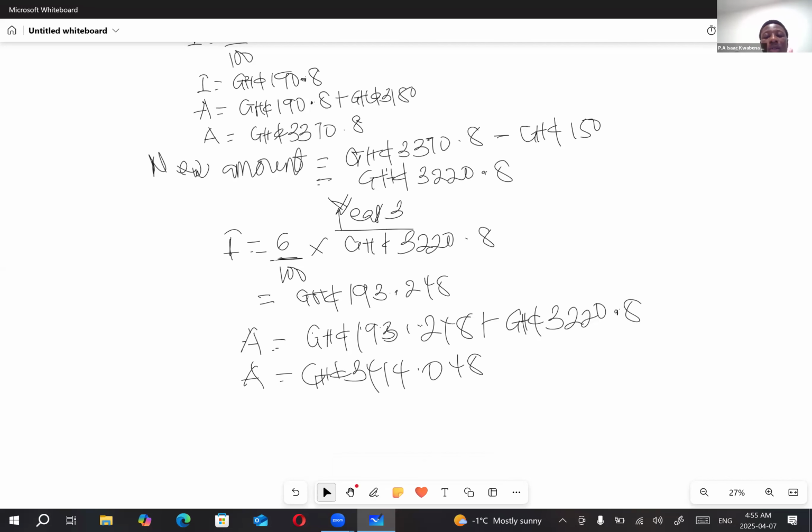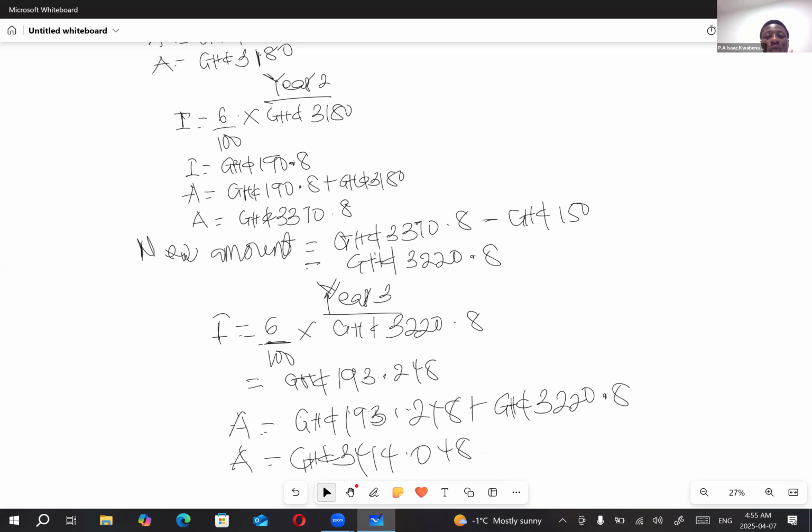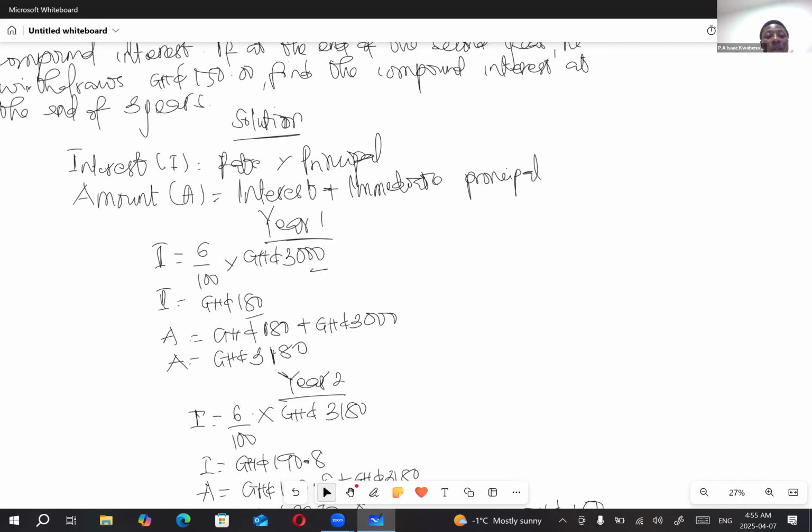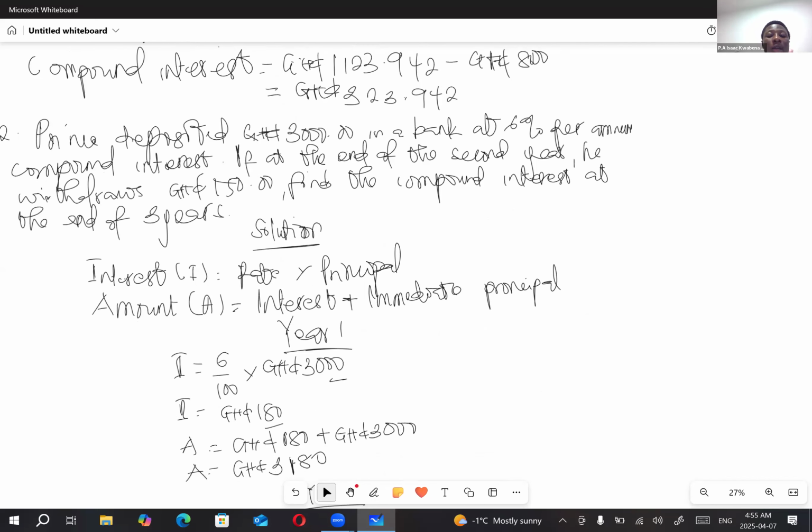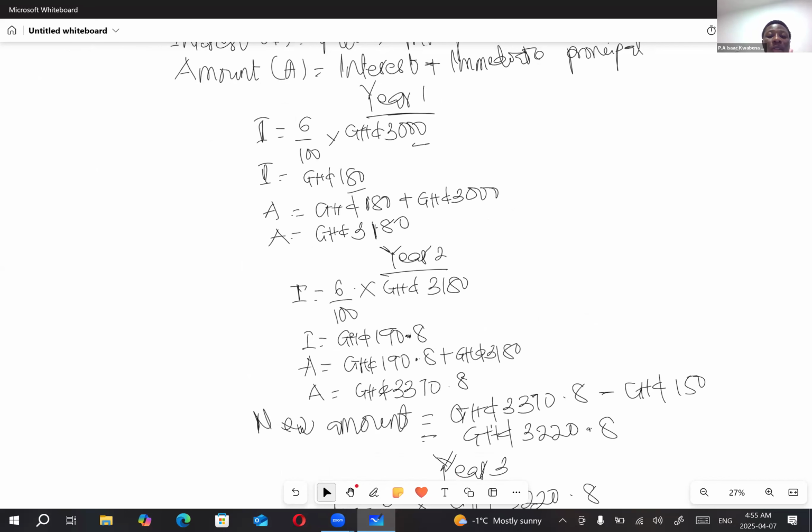Let's go and read the question to know what exactly it wanted us to do. It says find the compound interest at the end of the third year. Okay, so it's interested in compound interest.